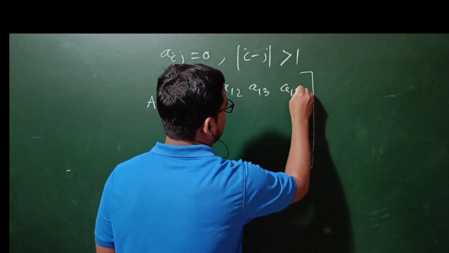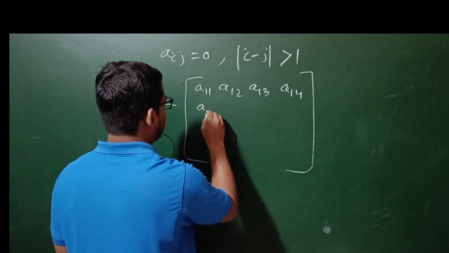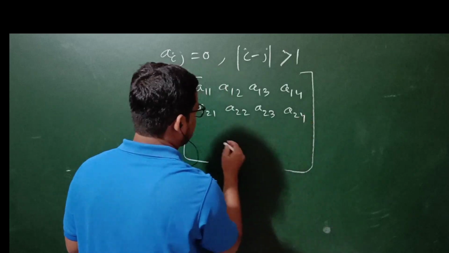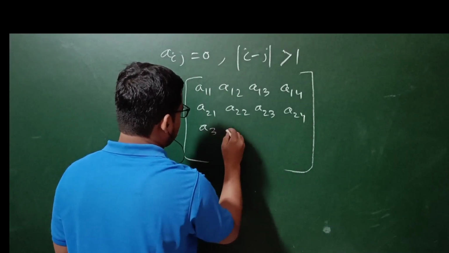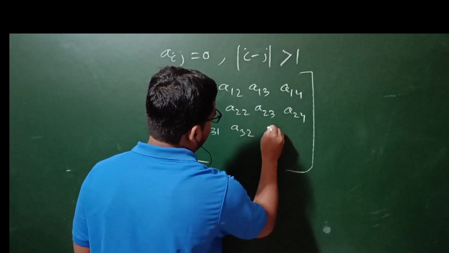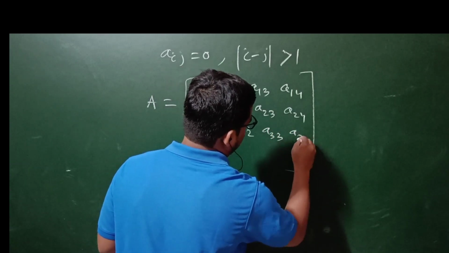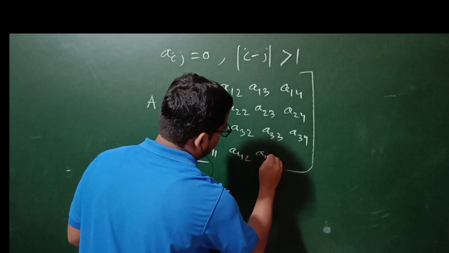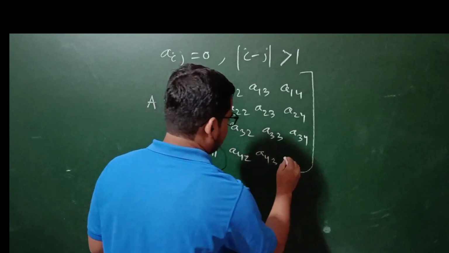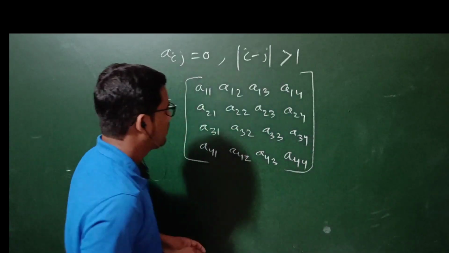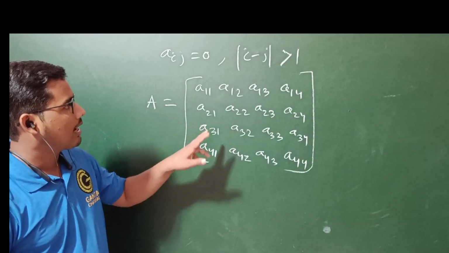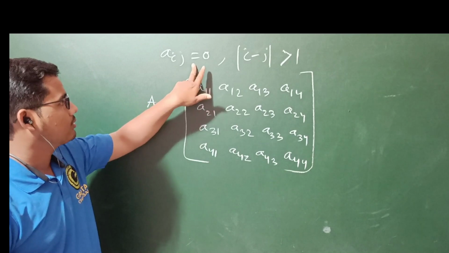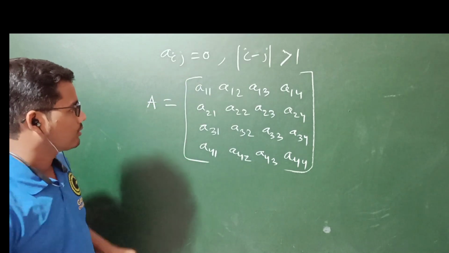A11, A12, A13, A14, A21, A22, A23, A24, A31, A32, A33, A34, A41, A42, A43, A44. When mod i minus j is greater than 1, then Aij equals 0.